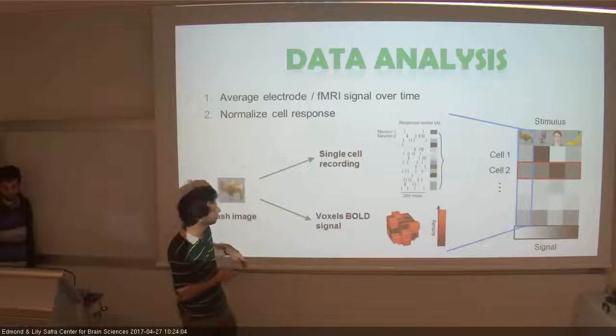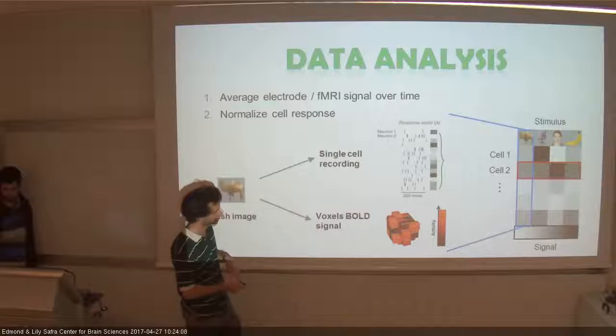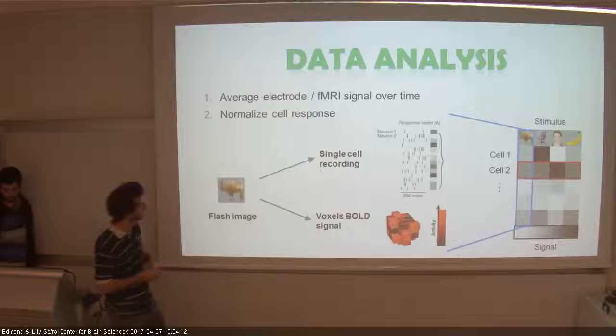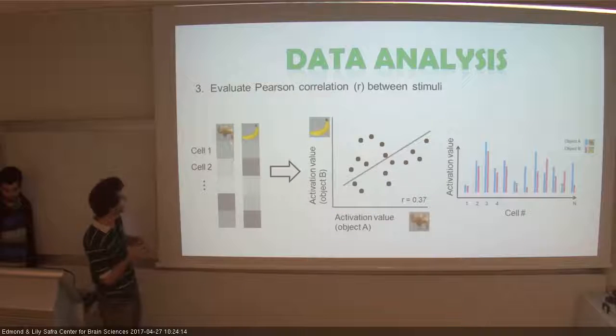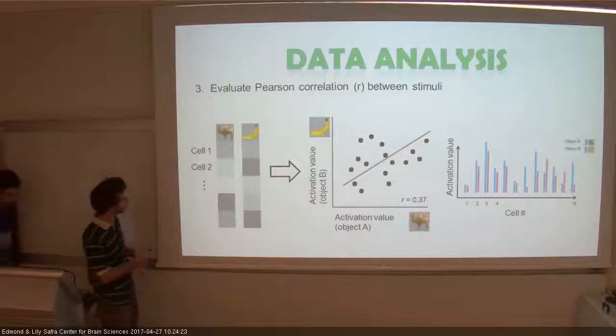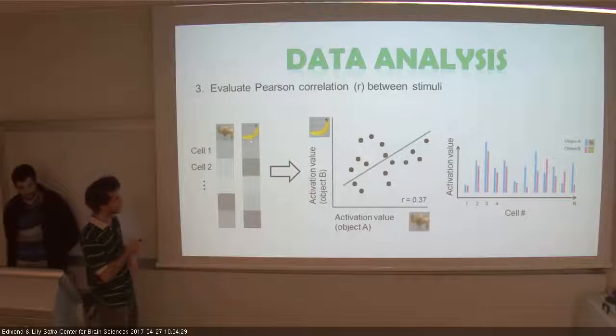So the first thing we're going to do is normalize the values for each cell. Then we take the column vectors of the matrix, the different stimuli and the normalized responses, and find the Pearson correlation, which we denote by R, between every two stimuli.